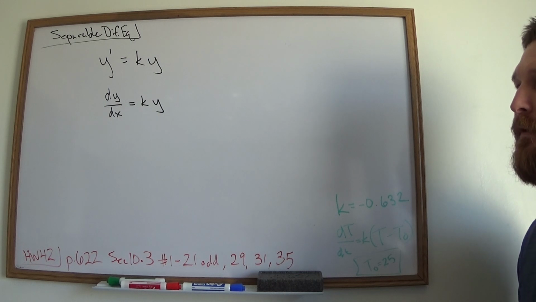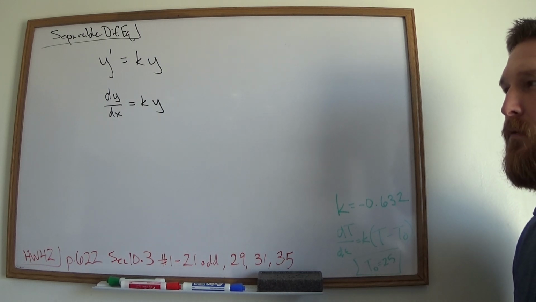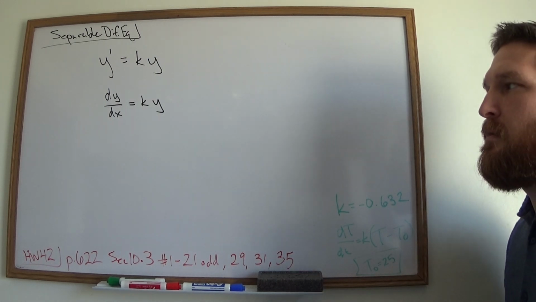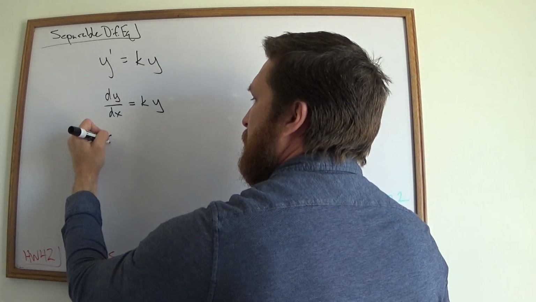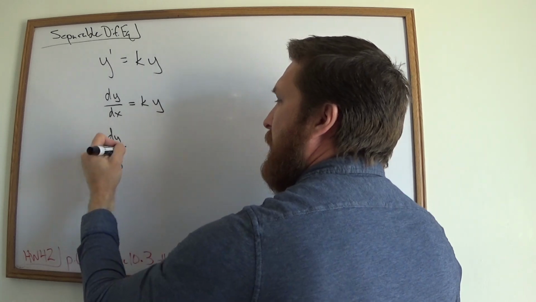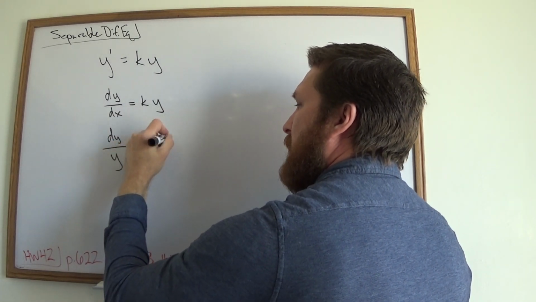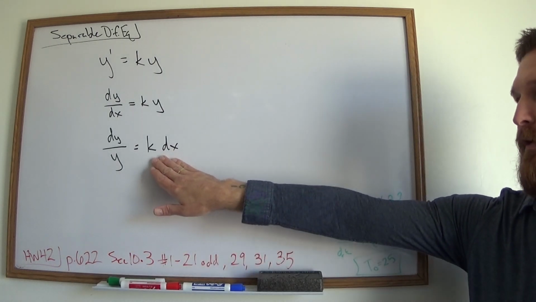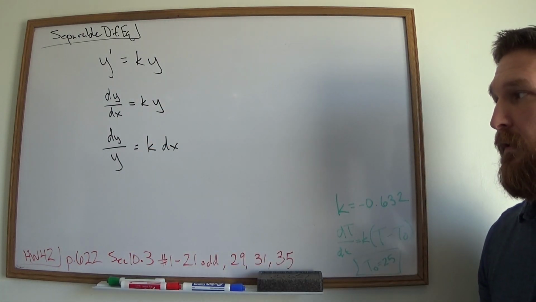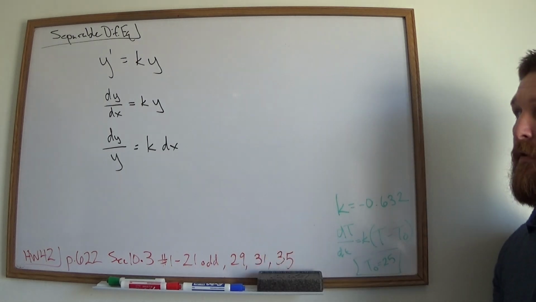You go, wait a minute, hold up. Can I get all the y's on one side and all the x's on the other? Yeah, let me just bring this y down. dy over y equals k dx, and I'll bring all my x's over here. Now there doesn't happen to be an explicit x over here, but that's cool. We don't need to have an x show up in there.